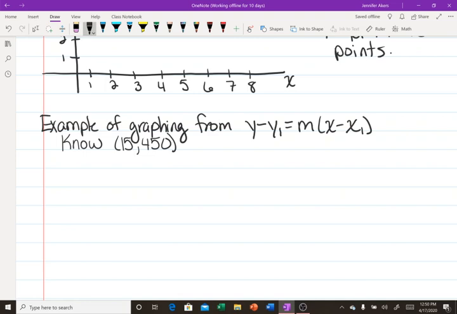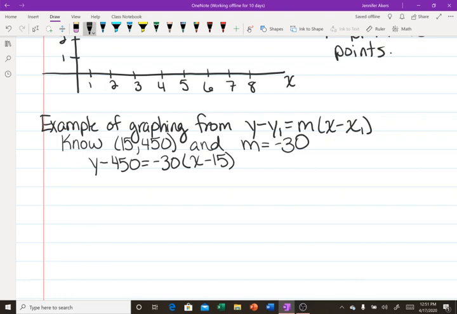And we also know that our m is -30. So first I want to put the information into my equation. So I have y minus 450 equals -30 times x minus 15.